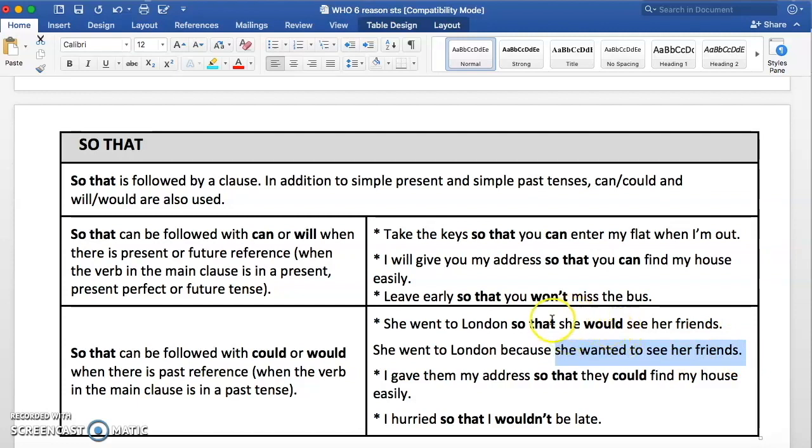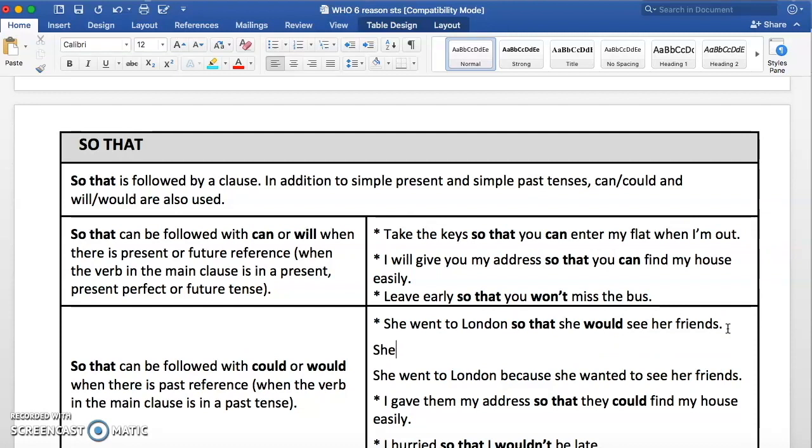But when we have a so that sentence, we wouldn't have a want verb here. Let's have a look. She went to London so that, and then I have this reason here, look. So that she wanted to see her friends.